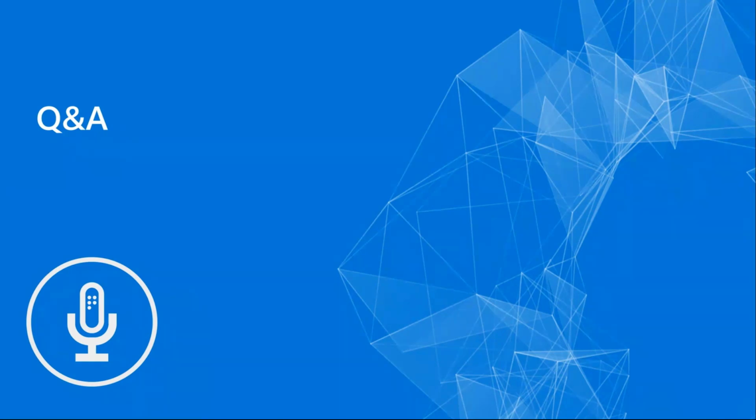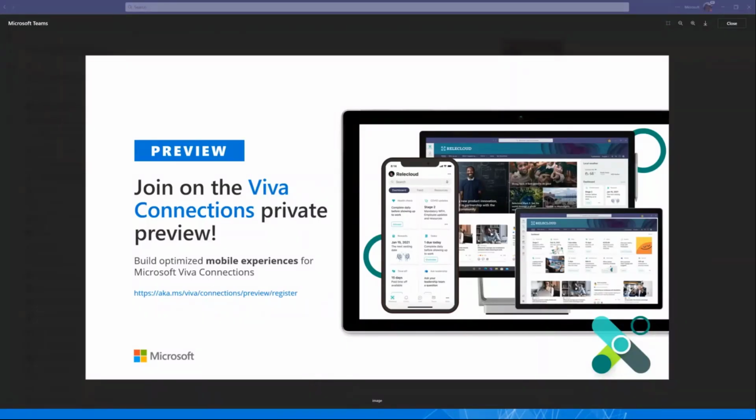One important thing I want to specify here is that we have a private preview for Viva Connections. Two things here. So first one, we have a Viva Connections private preview. If you guys want to join, there is a link that we will send you. What gives you access is some early access to the bits.